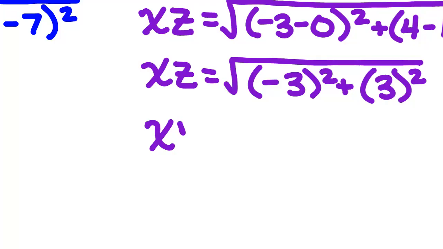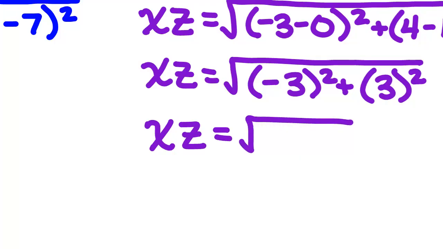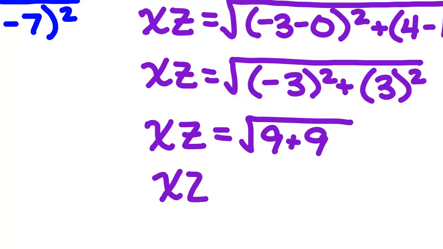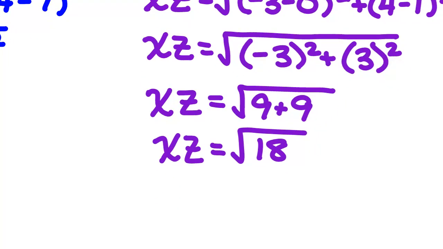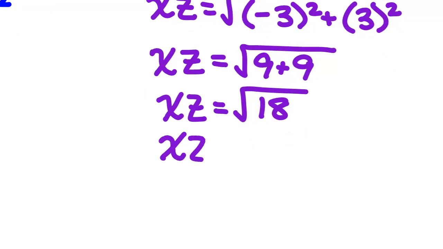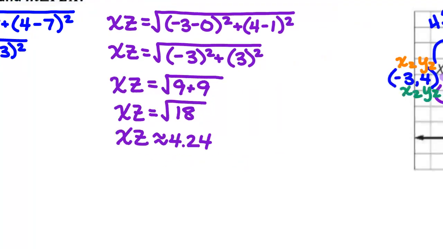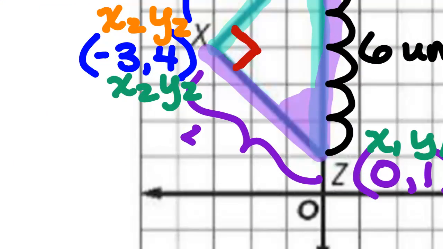Both of those come out to what? 9. So I have the square root of 9 plus 9 again, or the square root of 18, which is about 4.24. So this over here is approximately 4.24 units.